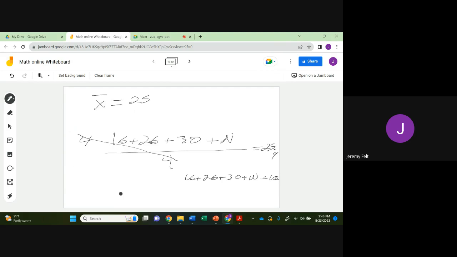Then we can add these 3 numbers together, since they're all like terms. So we have 72 plus our number equals 100. Subtract 72 from both sides, and we end up with 28.